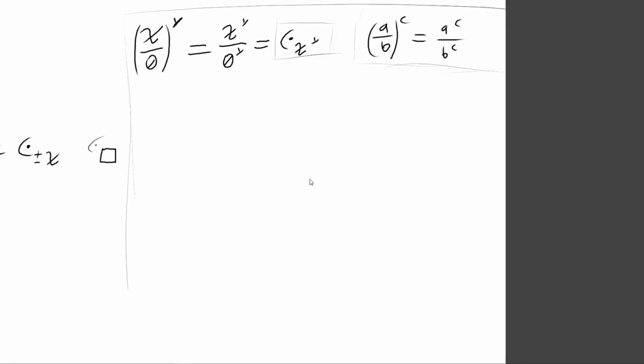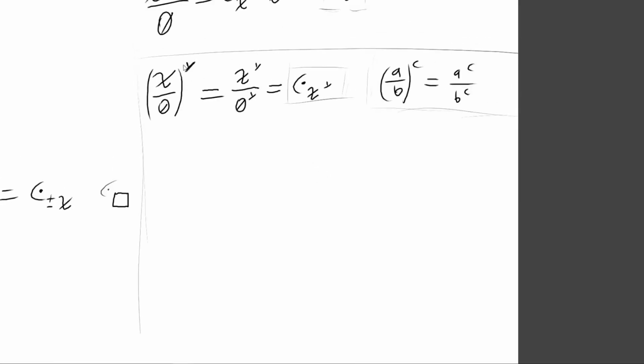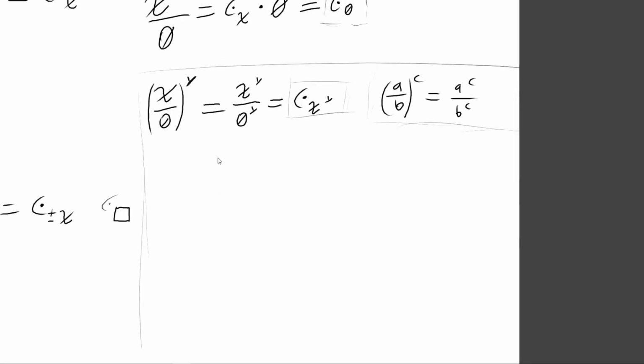Oh, you probably actually want me to do this property here. Okay, we can do that. Here's what we're going to do. I almost want to do roots first because I feel like they tie in. Yeah, we're going to do roots first. So we're going to have the yth root of x over 0, like so.